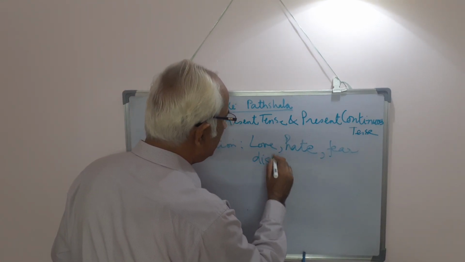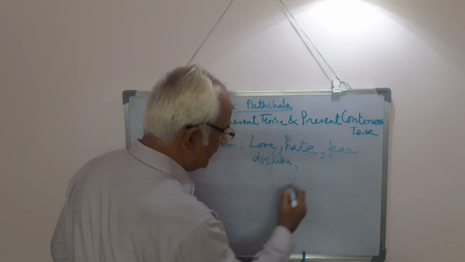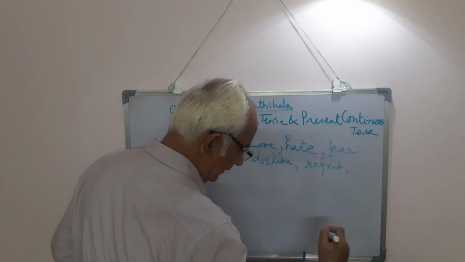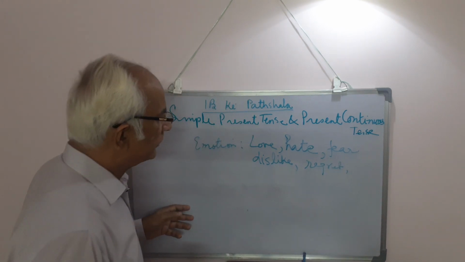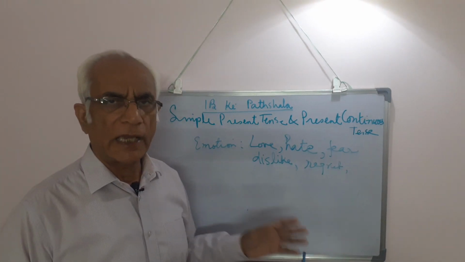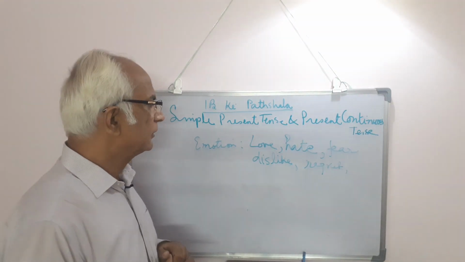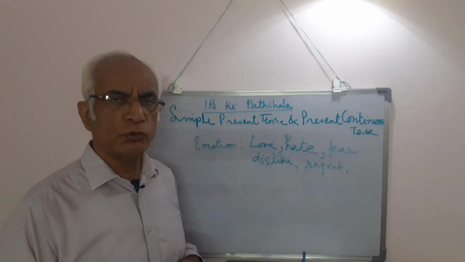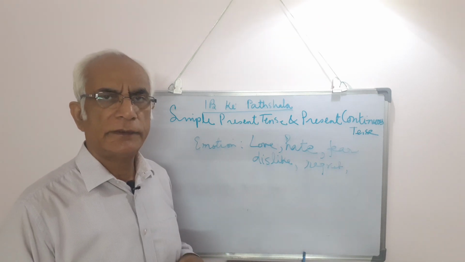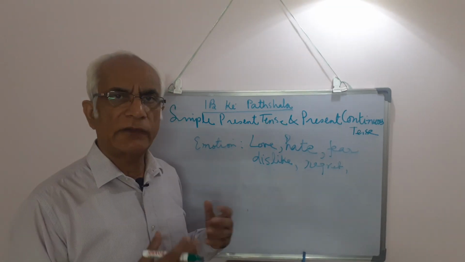Whenever you use these words, these verbs, you use them in simple present. Regret. So these are verbs which describe some emotion. There are so many other words. I'm just giving you a small sample of these words. I love my brother. I hate rats. I like football.